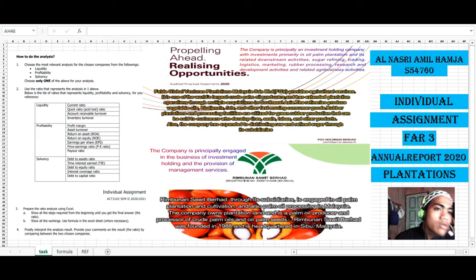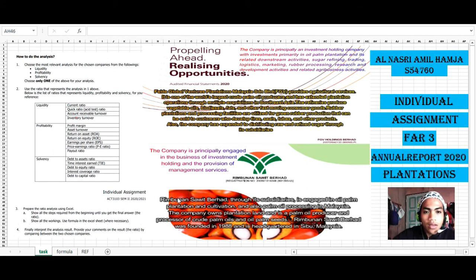Okay. Now I will show you all the steps for ratio analysis, and as you all know, I chose profitability ratio, which has 7 types of ratio.